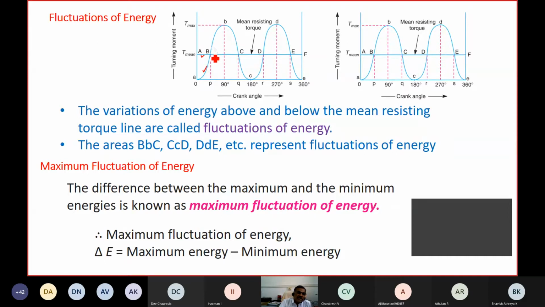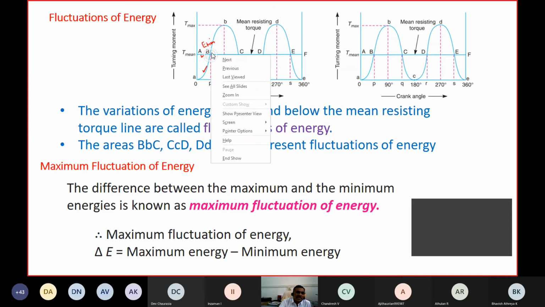So at this point, the speed will be minimum, and the energy will be minimum. So that is taken as E2, or minimum energy, E minimum. After that, the torque produced is more than the required. So during this period, the speed of the flywheel will increase and the energy will be more.